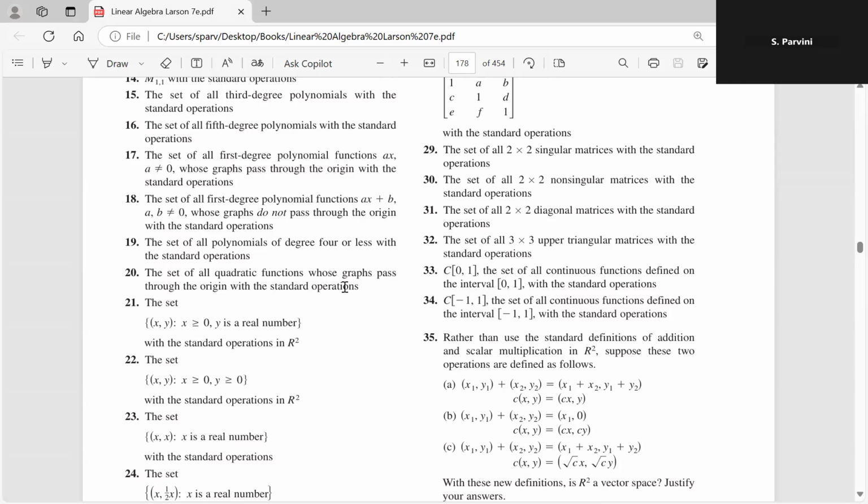Now the quadratic function is in the form ax squared plus bx plus c. Whose graph passes through the origin, with standard operations. Okay, let's check this one out.